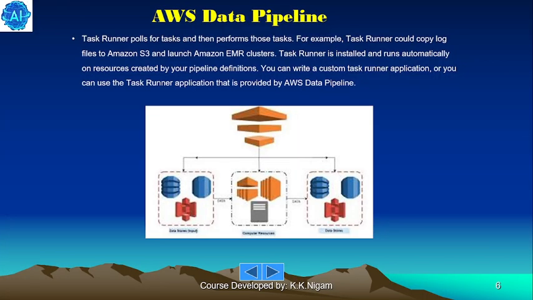Task Runner polls for tasks and then performs these tasks. For example, Task Runner could copy log files to Amazon S3 and launch Amazon EMR clusters. Task Runner is installed and runs automatically on resources created by your pipeline definition.